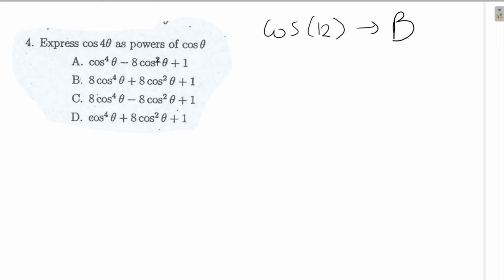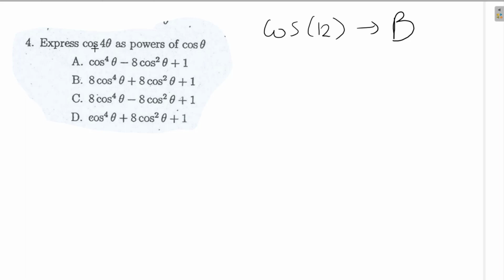So to evaluate option A, this will be b raised to the power 4 minus 8b squared plus 1. This will be 8b raised to the power 4 plus 8b squared plus 1. This is 8b raised to the power 4 minus 8b squared plus 1, and so on.